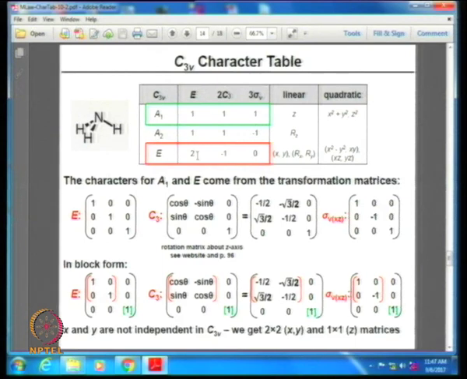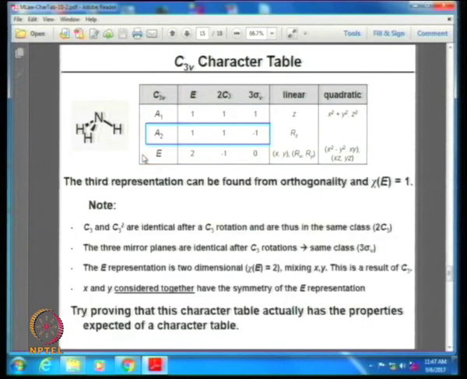You can get it by orthogonality because you just have to multiply this with this, this with. So you will get 3 relations which will determine the 3 coordinates. So that's what he says here. The third representation can be found by orthogonality and the fact that the chi of E is equal to 1, that it is a one-dimensional representation.